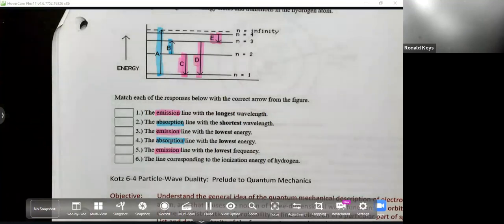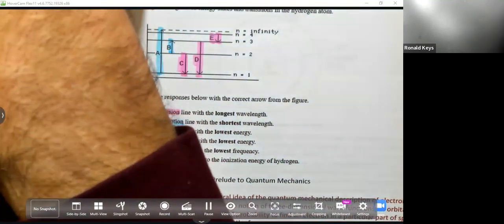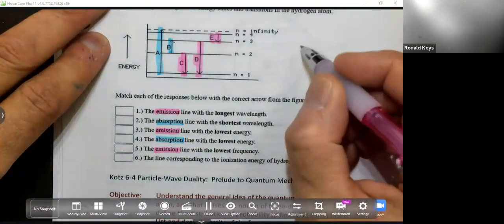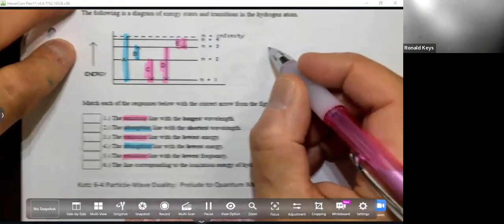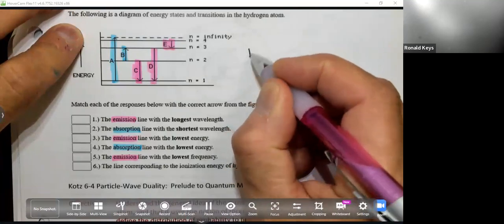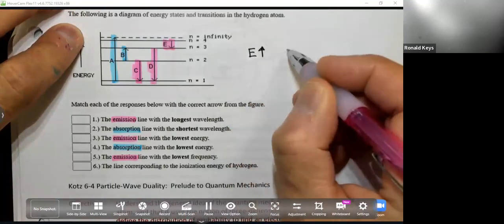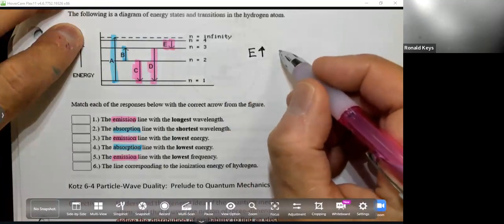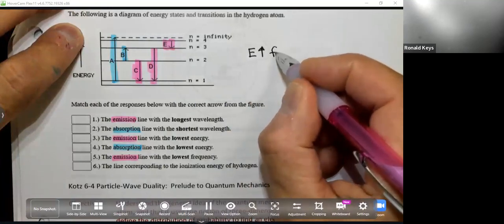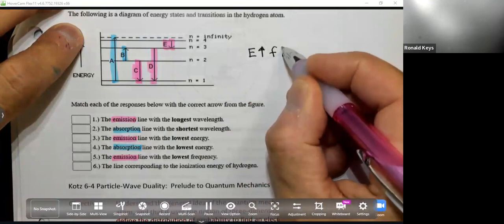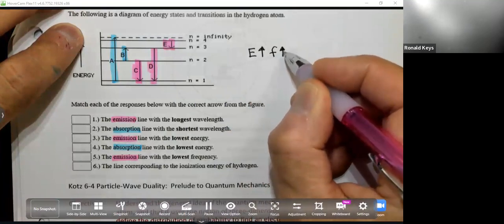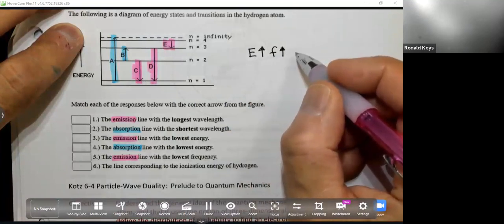I'm always thinking energy for this. So let's see if we can make something right here to help us out. If the energy is high, what else is high? Frequency, right? Energy and frequency are high. What's low?